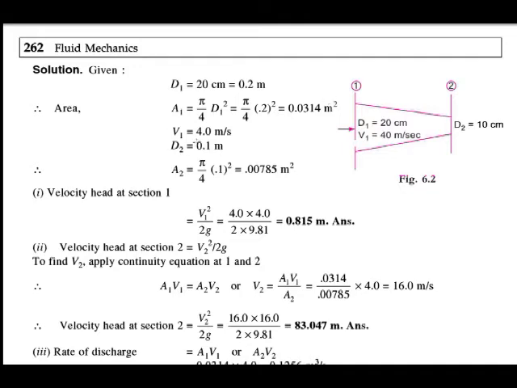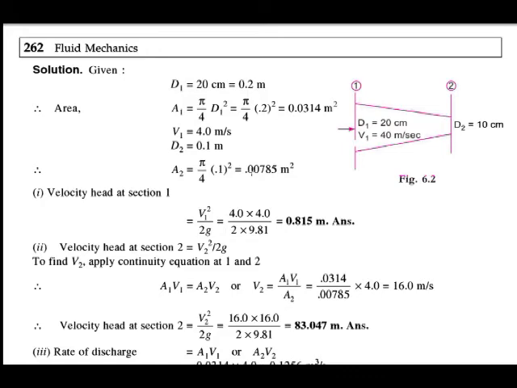Here V1 is given as 4 meter per second. The diameter at section 2 is given as 10 centimeter, which is equal to 0.1 meter. Then area of section 2 is pi by 4 into 0.1 square, which is equal to 0.00785 meter square.